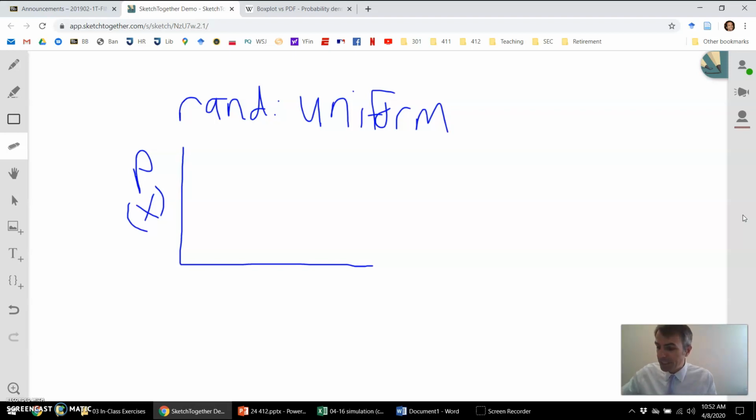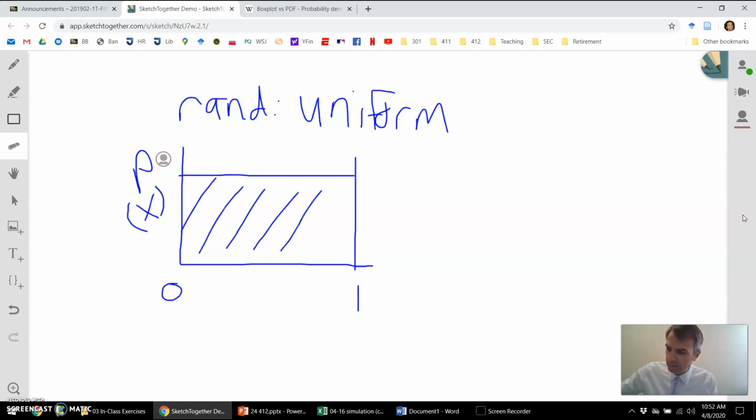But here's the probability density function for the RAND function. It can take a value between 0 and 1, and the height of this line is how likely different parts of this distribution are to occur when we simulate it. And the height is the same, meaning that the small numbers are equally as likely as the large numbers.